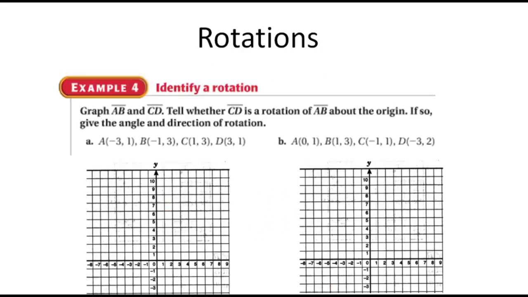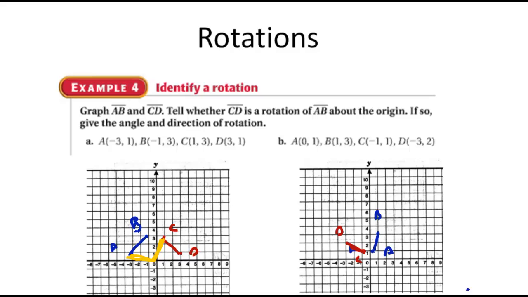So identifying whether something is a rotation or not, I'm going to stop and pause the video so I can plot my line AB and my line CD on both of these. So if you would do the same thing also. This is a little bit hard to see because these graphs are a little bit tinier, but basically what they're saying is if it is a true rotation, when I connect point A to the origin and C to the origin, I get that size angle. Looks pretty much like a 90-degree angle to me.